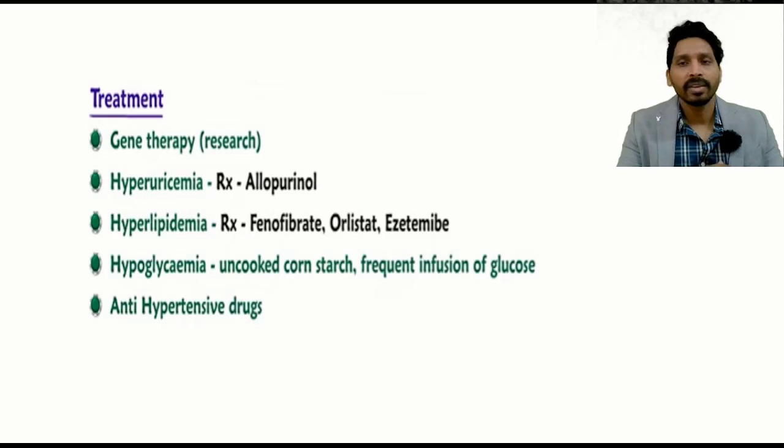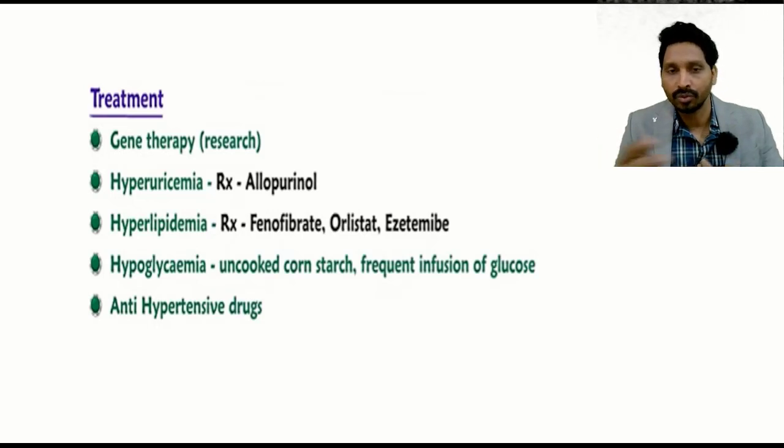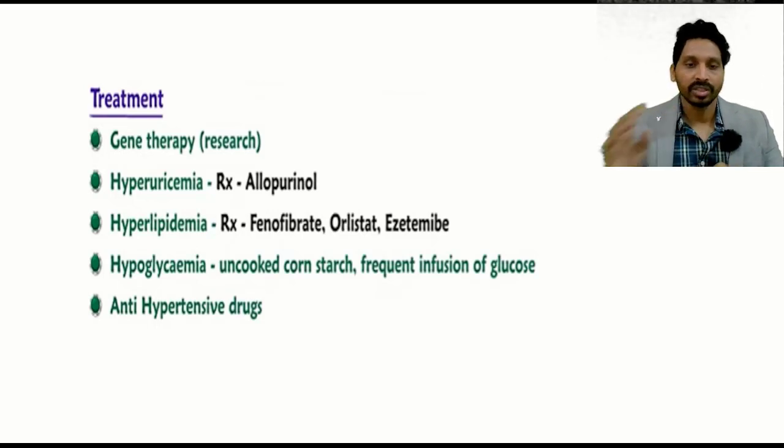And hyperlipidemia will be minimized by giving oral drugs like fenofibrate, orlistat, and ezetimibe. And hypoglycemia is managed by giving uncooked cornstarch and frequent infusion of glucose. That is, frequent small meals may improve the situation. Antihypertensive drugs can also manage the situation.